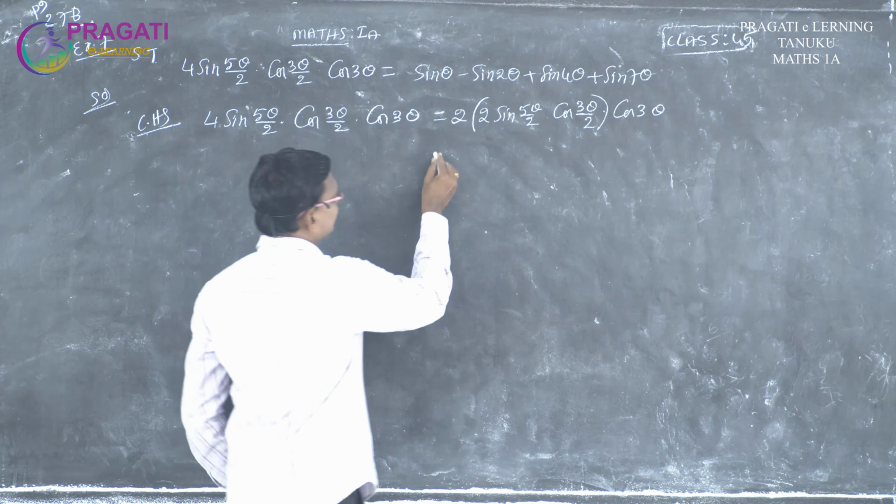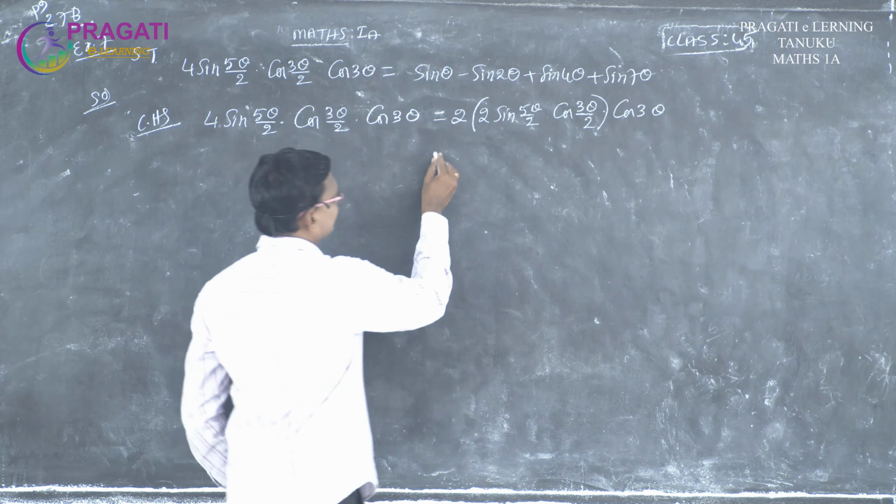That means 2 sin 4 theta cos 3 theta plus 2 sin theta cos 3 theta. Here is a product of two functions, and here also a product of two functions, and the constant is 2, already there.